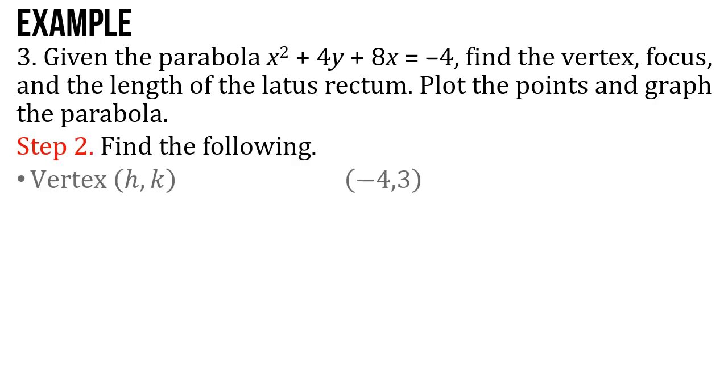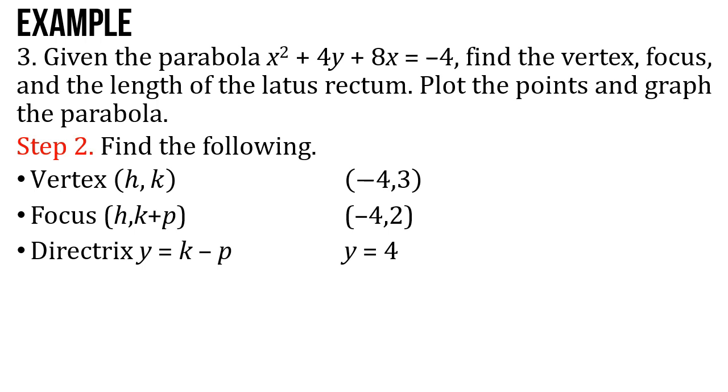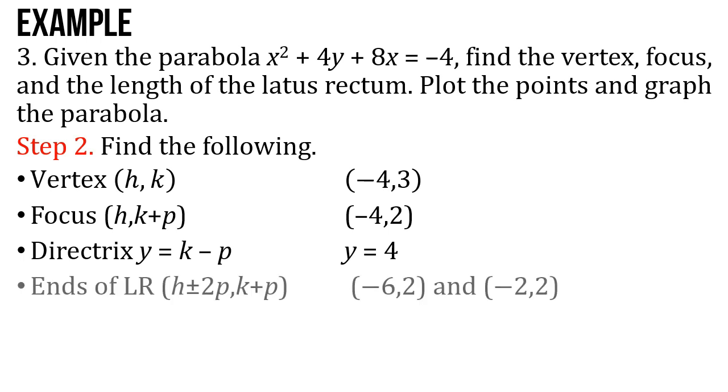So step 2 is find the following. Since the vertex is negative 4, 3, the focus is h, k plus p, so you're going to have negative 4, 2. The directrix is y equals k minus p. Substitute the obtained values of k and p, and you're going to get y equals 4.